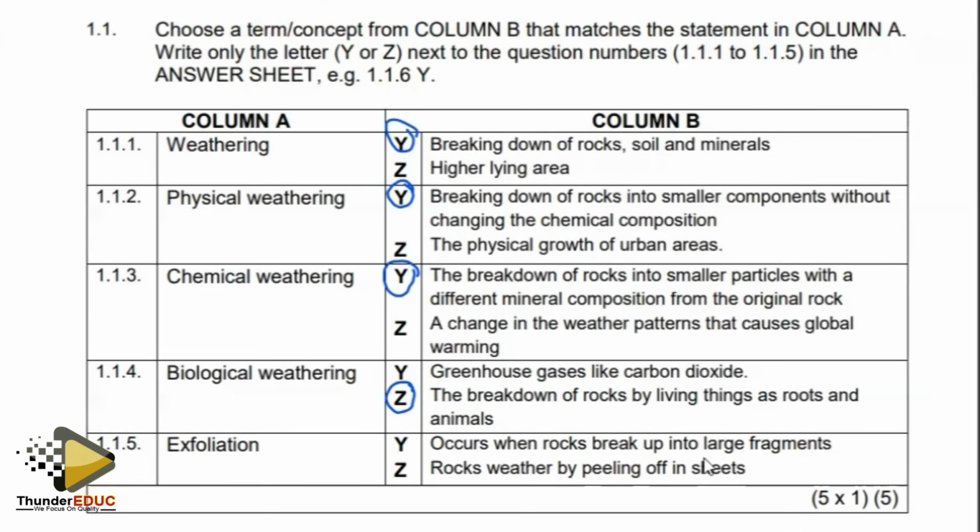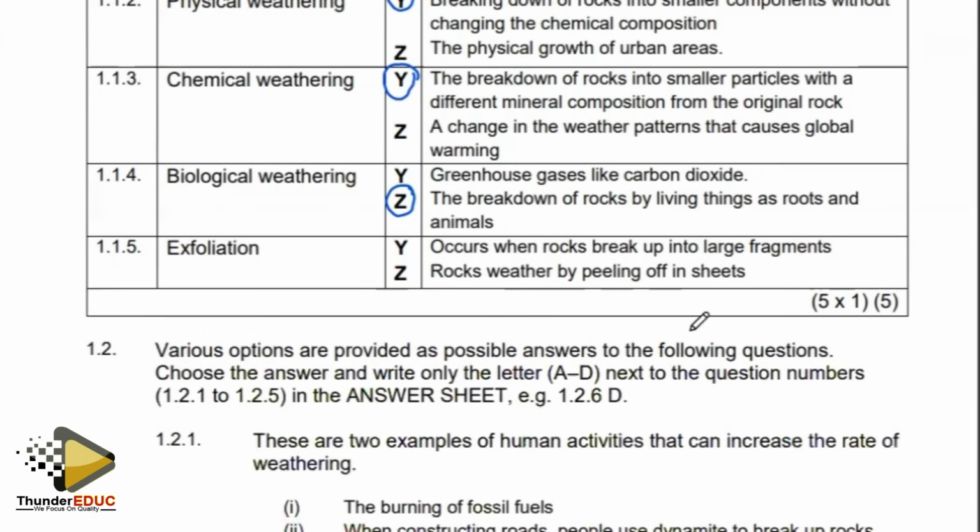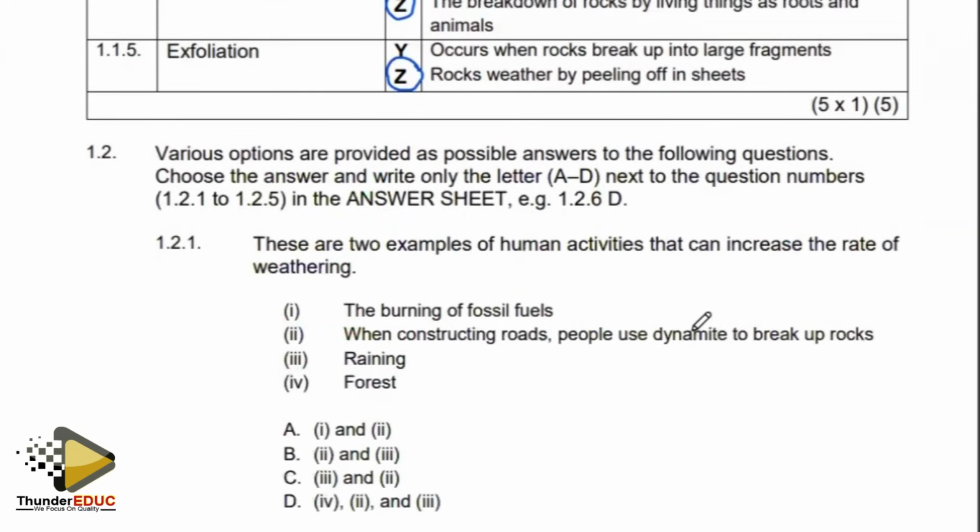The first one occurs when rocks break up into large fragments. Another one, Z, is rocks weather by peeling off in sheets. So here our answer is Z. Under exfoliation, rocks weather by peeling off in sheets. There you get 5 marks allocated. Then we go to question 1.2.